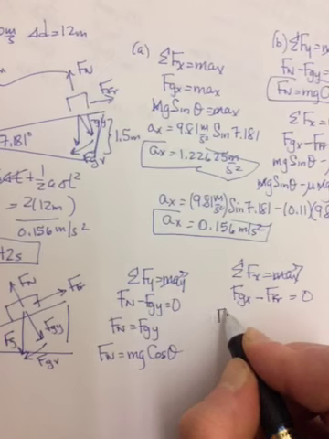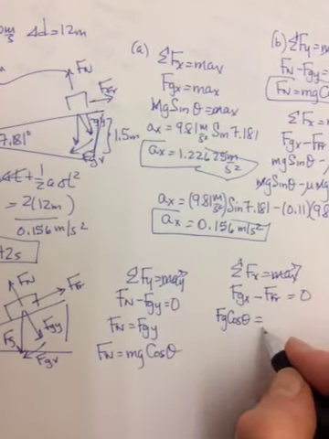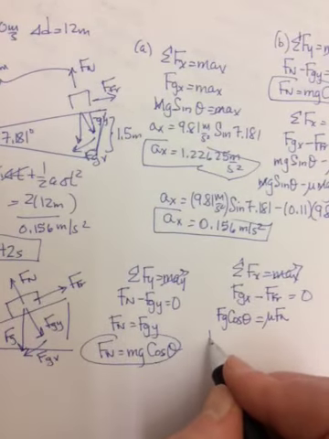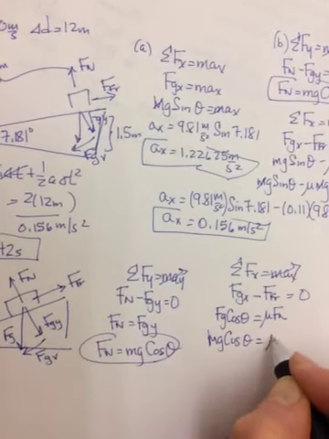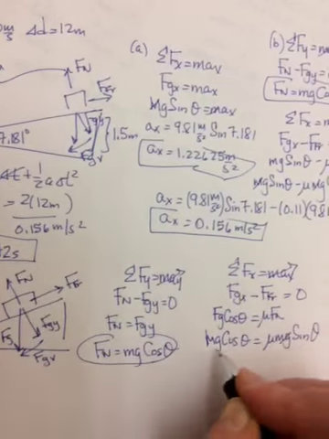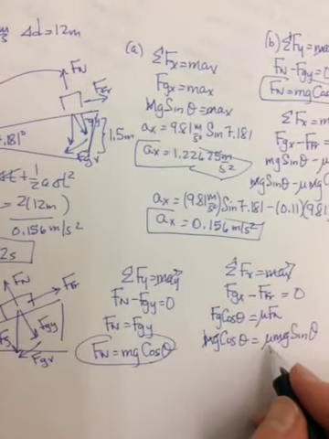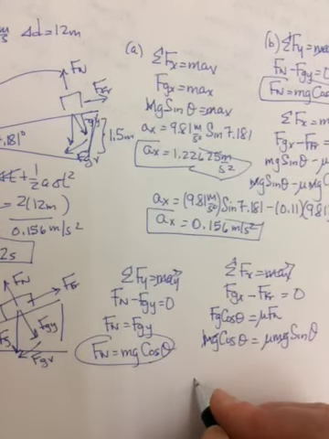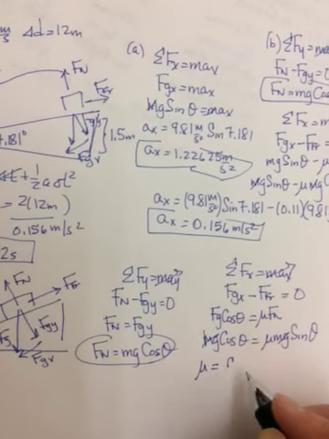So we have Fg cos theta is equal to, take the other one over, mu Fn. But this is my Fn, so mg cos theta is equal to mu mg sine theta. The mg's will cancel, and you're trying to solve for mu. So divide both sides by... oh, did I just screw up?